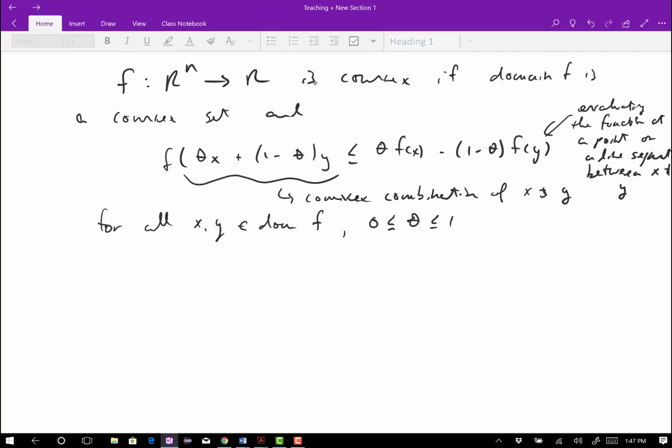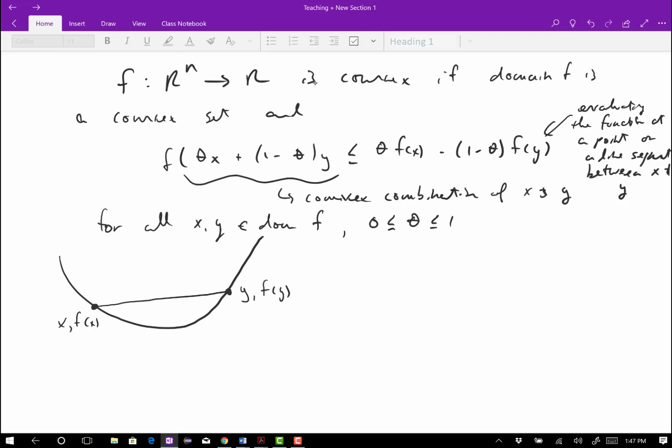So for example, if we have a function that looks like this, and this point is at x, f of x, and this point is at y, f of y. This is the line segment between those two points.